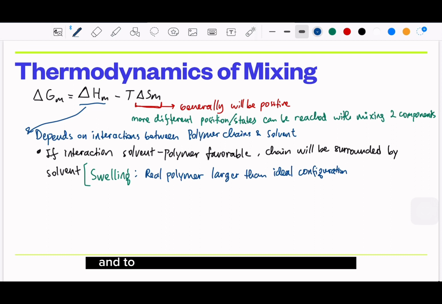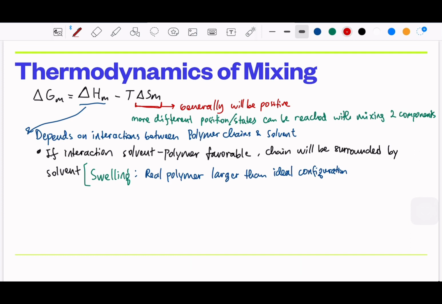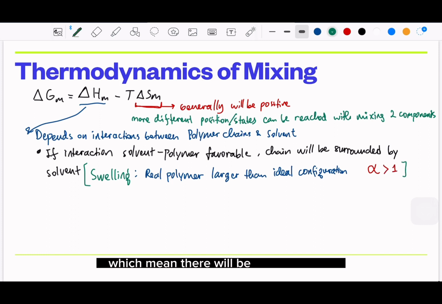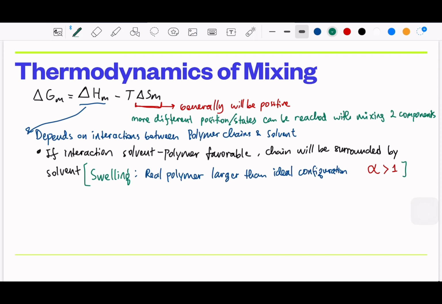And to describe this swelling, there is a factor we call alpha. So if alpha is greater than 1, it means the polymer will be swollen. So this is the swelling factor.